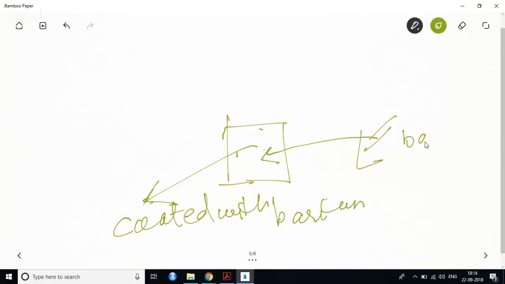I'm writing again, the handwriting was not good. Barium salt.